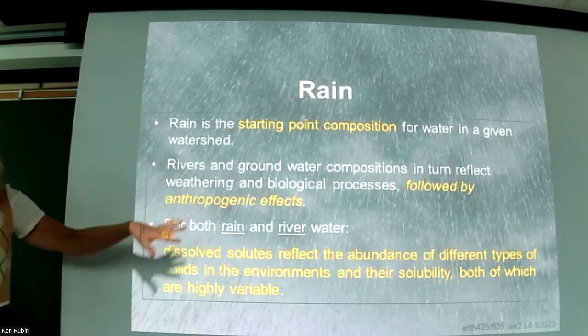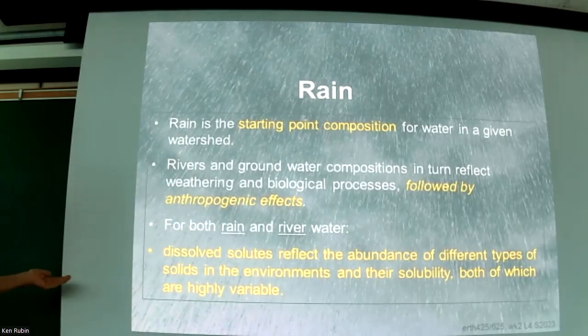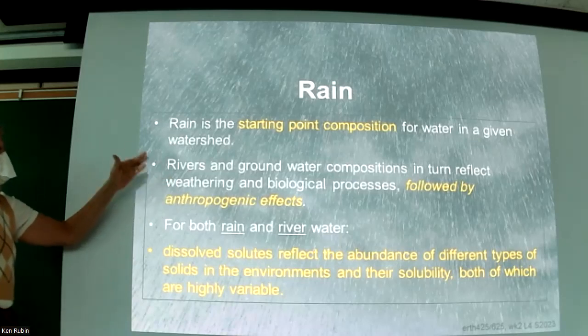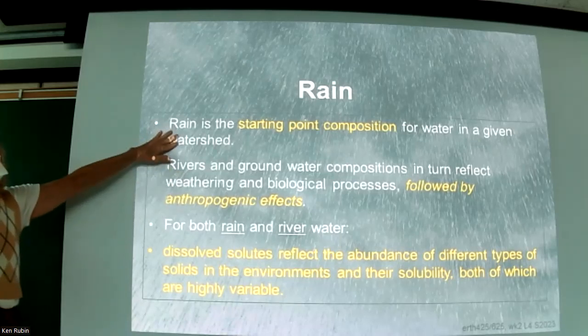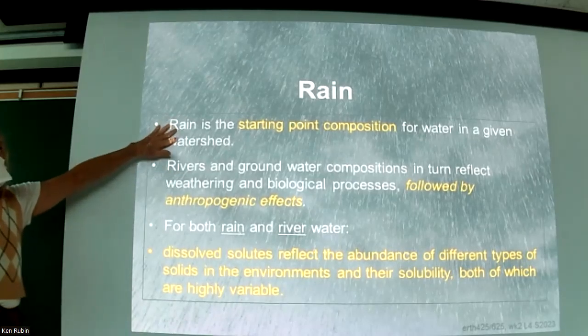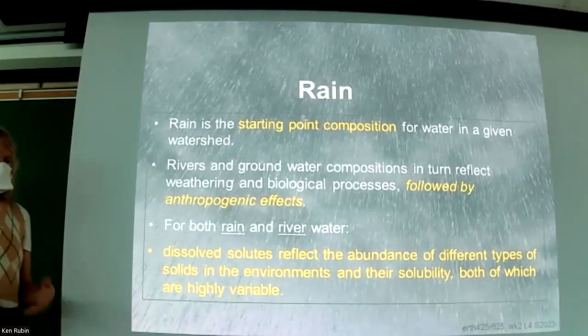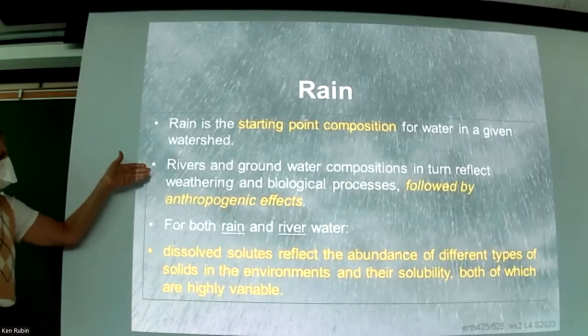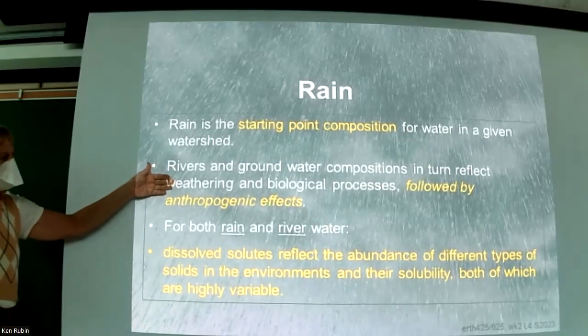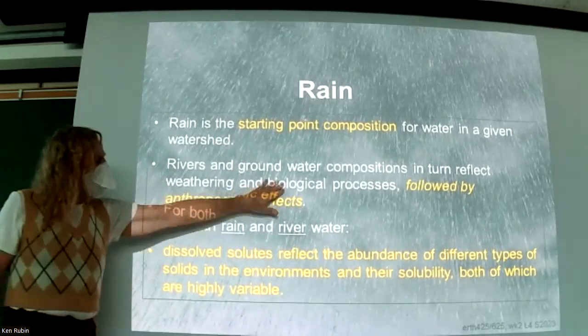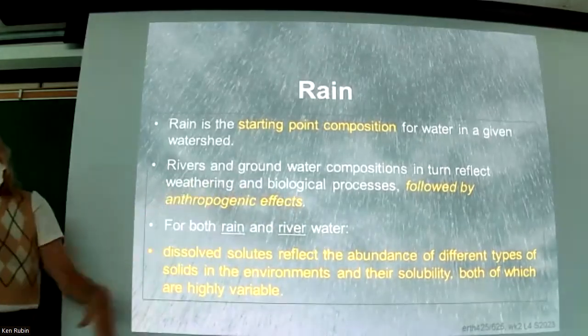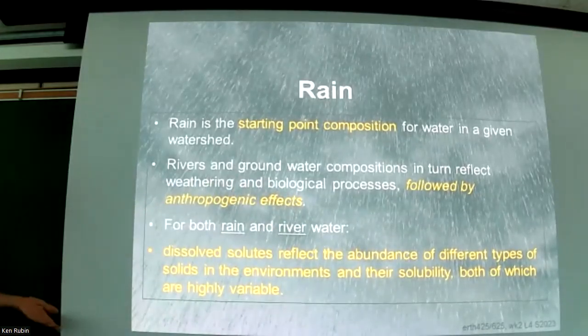So rain is obviously a starting point for watershed water. Rivers and groundwater at some level reflect rain composition, superimposed upon by all sorts of processes that happen in a watershed: weathering, dissolution of salts, biological processes, as well as anthropogenic effects, some of which we can track really easily.